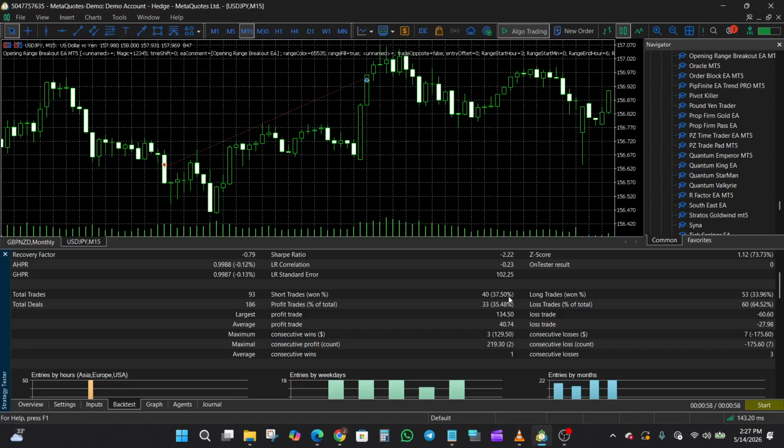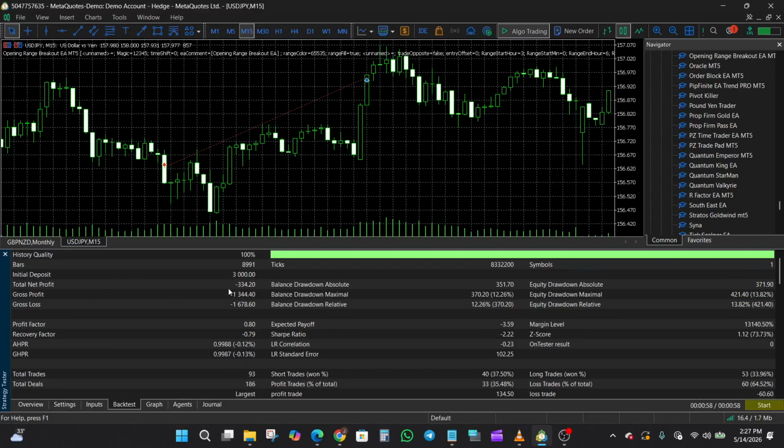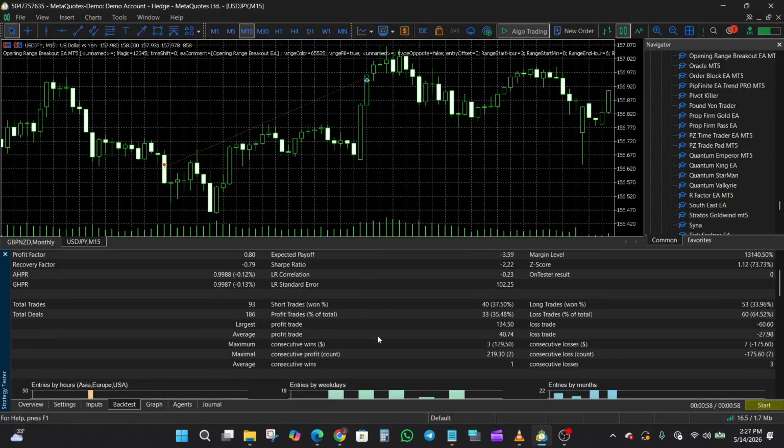It's not even up to 40%. The risk to reward ratio is just a little above 1.1 to 1, maybe 1.3 or 1.4 or thereabouts, and then we have a win rate below 40%. So I'm not surprised that we have a total net profit of about negative 11%.